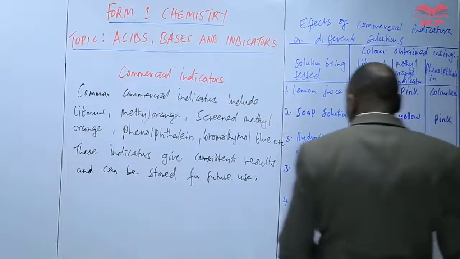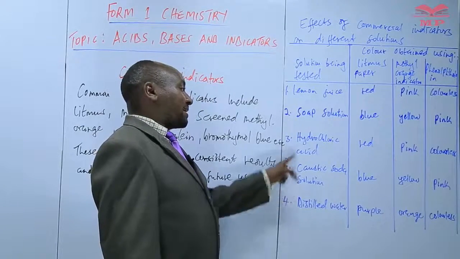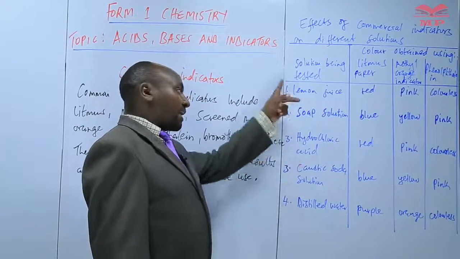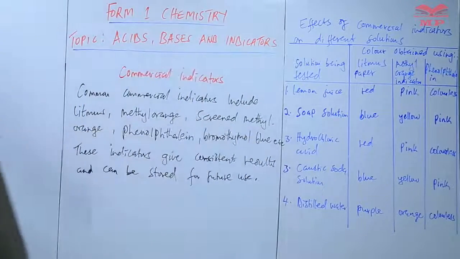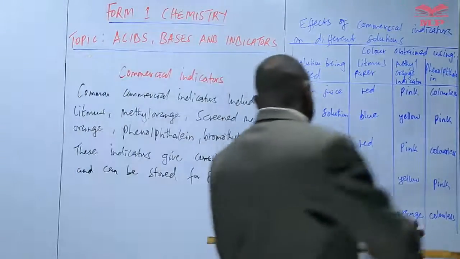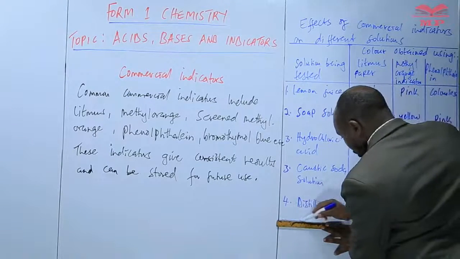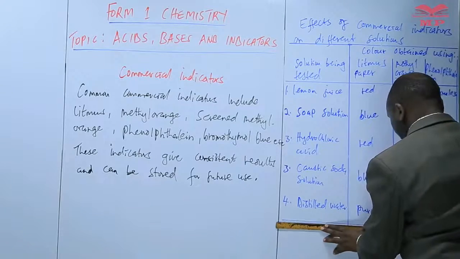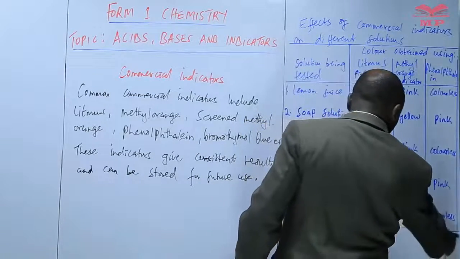It remains. So for distilled water, this is neutral. It's neither acidic nor basic. It's not behaving like the others. That shows that it has its own properties that are different. So the list can be long. We can have as many chemicals as we want.